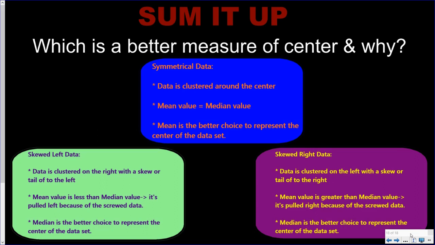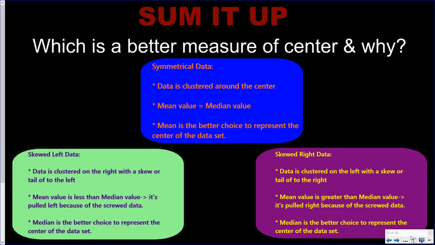If the data is skewed left, then that means the data is clustered on the right with a skew or tail to the left. That means the mean value is going to be less than the median value because it's pulled to the left just like the skewed data is. So therefore, the median is the better choice to represent the center of the data. If the data is skewed right, the data is clustered on the left with a skew or tail to the right.